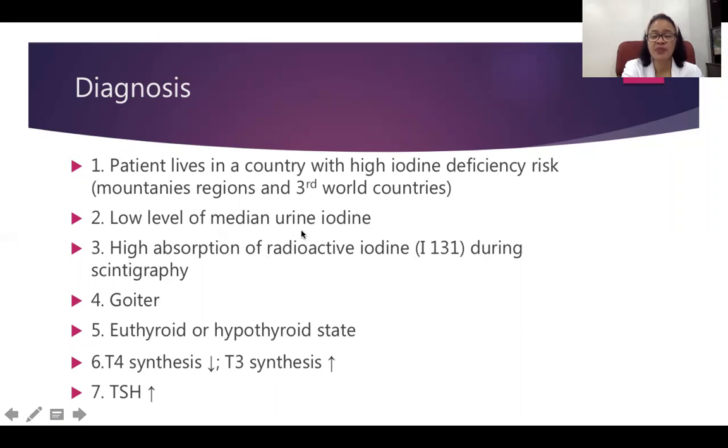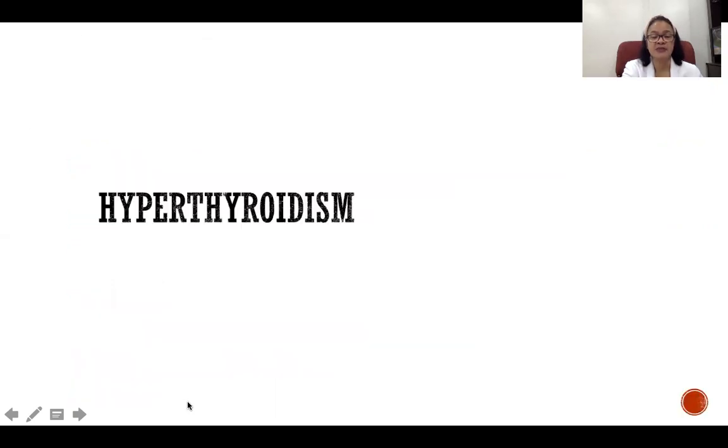Low levels of median urine iodine, high absorption of radioactive iodine, presence of goiter. If there's a euthyroid or hypothyroid state, and if you look at the thyroid hormones, T4 is decreased, but the synthesis of T3 is increased. And then there is an increase in your TSH.